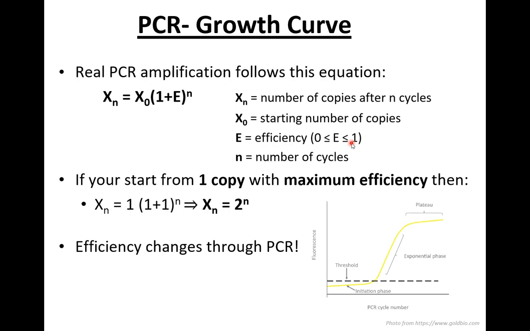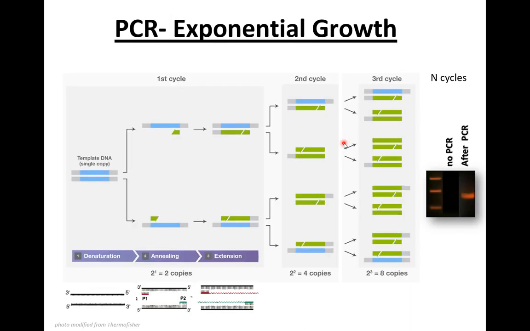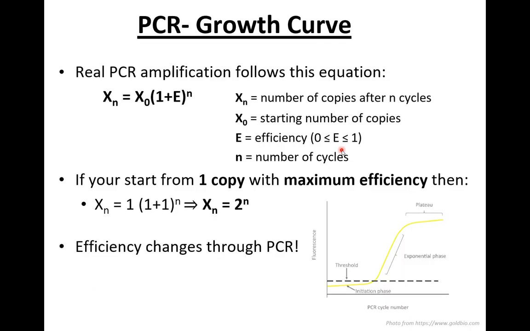In the theoretical scenario we were pointing to here, you will have an efficiency of 1. So if you have maximum efficiency, this becomes 2. If you're starting from 1 copy, this becomes 2. In the end, yes, you would have growth proportional to 2 to the power of the number of cycles.